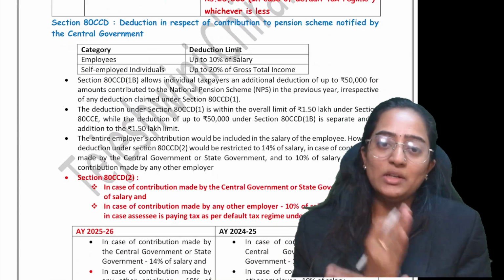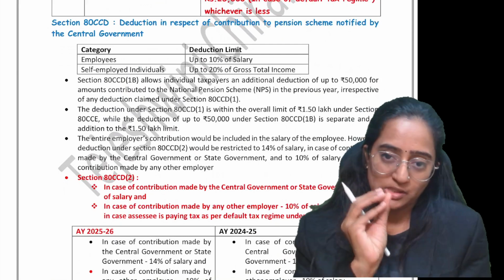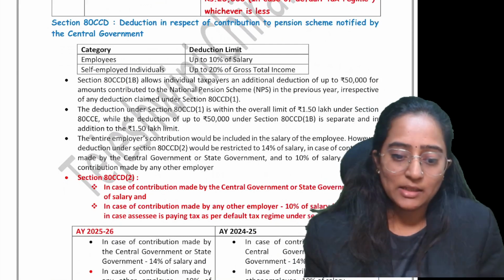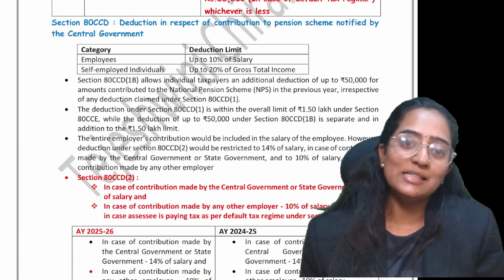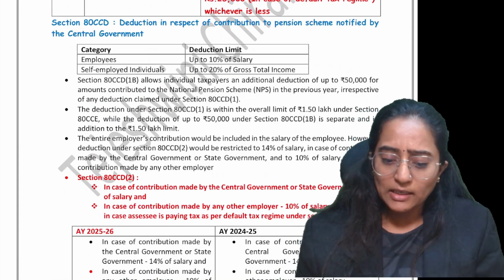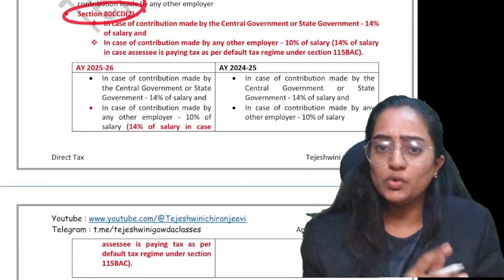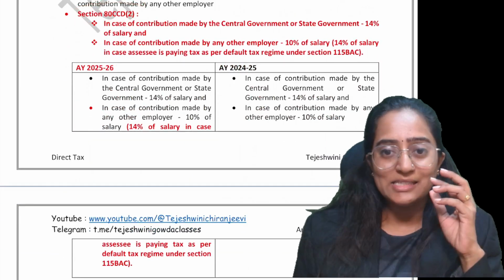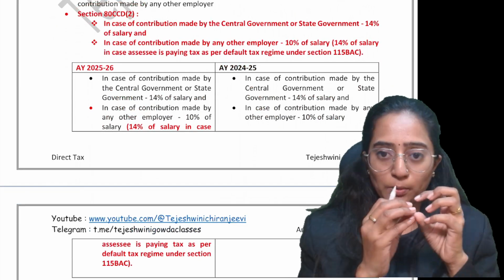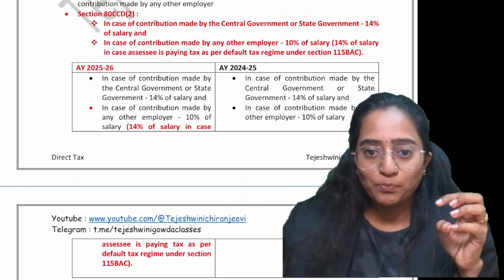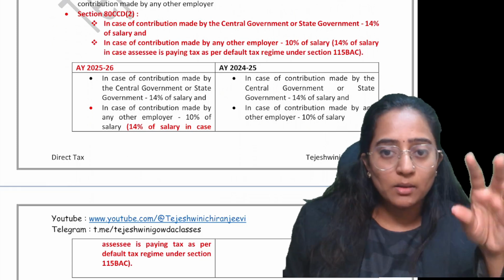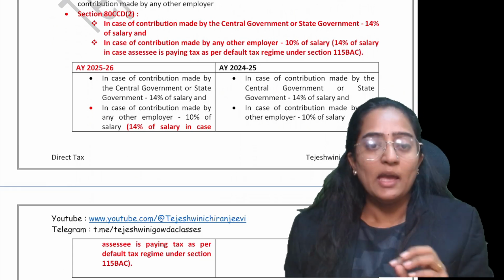Now, when we are coming to the deduction chapter, certain amendments are there, which are coming under section 80CCD. See, in case of 80CCD(2), you have seen a point. 80CCD means the contribution for pension scheme made by employer or employee.